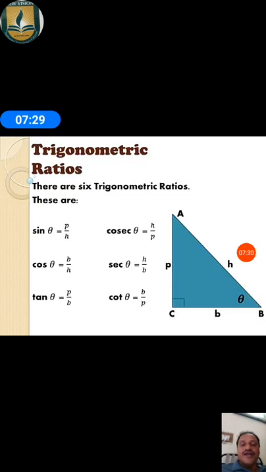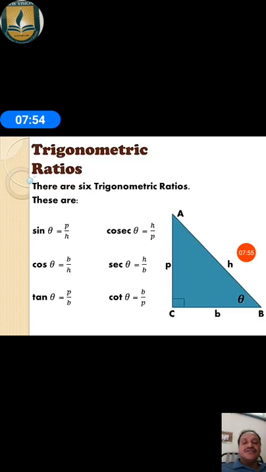Now tan theta is defined as perpendicular by base, that means opposite side by adjacent side, denoted by P by B. Now cosecant theta is defined as hypotenuse by perpendicular, that means hypotenuse by opposite side, which is the reciprocal of sine theta.